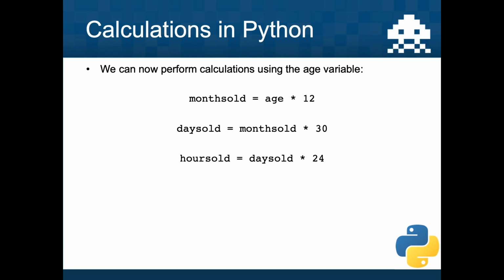I'm saying that months old equals age times 12. So how would I work out how many months old a person is? Well, I take the number of years old they are, age, and I times that by 12 because there are 12 months in a year. I've then calculated days old, and I've calculated that by taking months old times 30. There are 30 days in your average month, so I've calculated days old by timesing months old by 30.